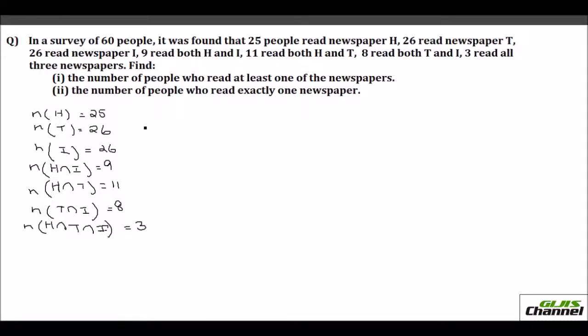Now first they ask you to find how many people read at least one newspaper. That's easy. You just need to find N of H union T union I, right?